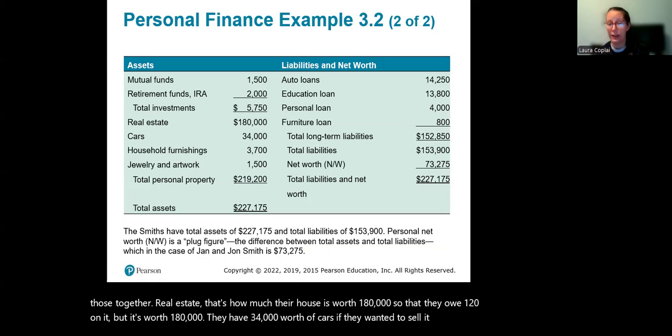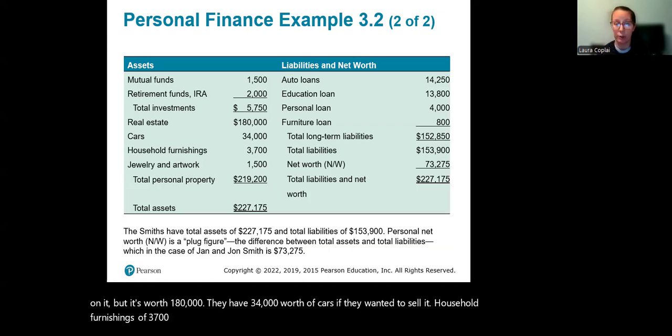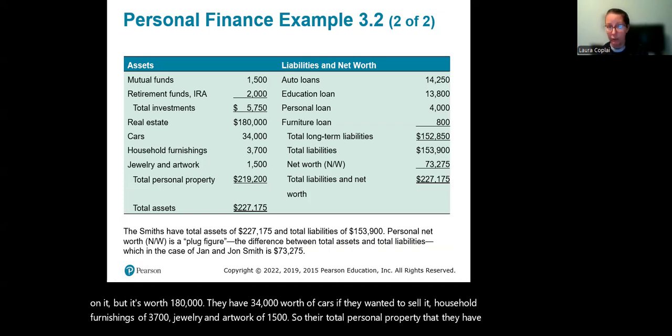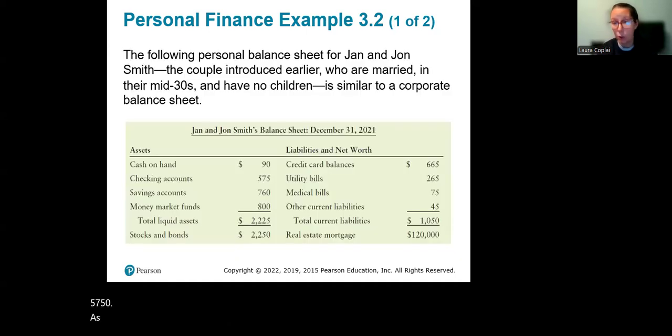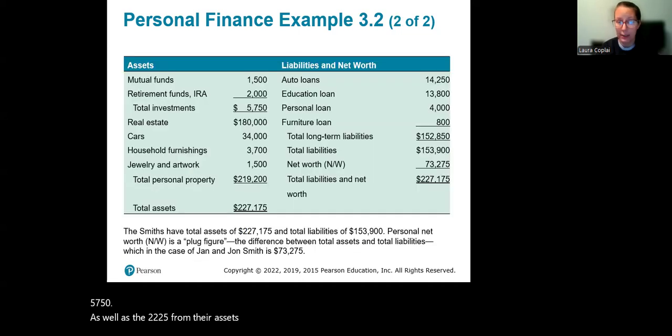Household furnishings of 3,700, jewelry and artwork of 1,500. So their total personal property that they have available to them, real estate, cars, household furnishings, and their jewelry and artwork is 219,200. So if we were to add that to the 5,750, as well as the 2,225 from their liquid assets, we have 22,175.